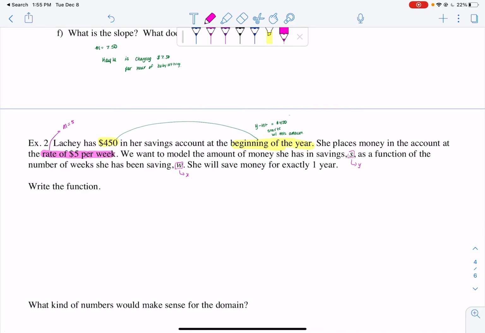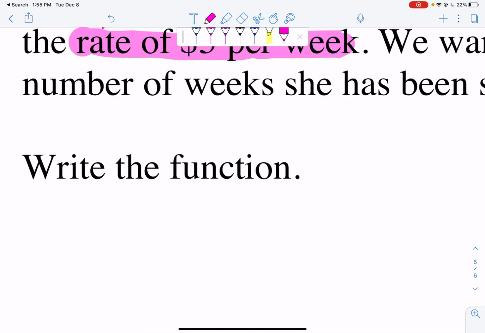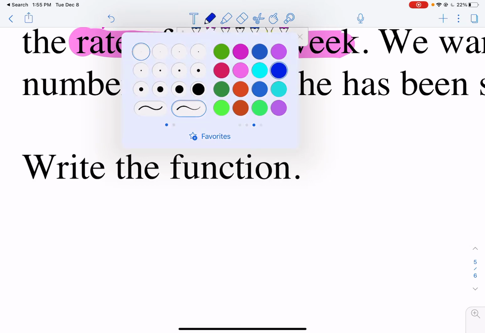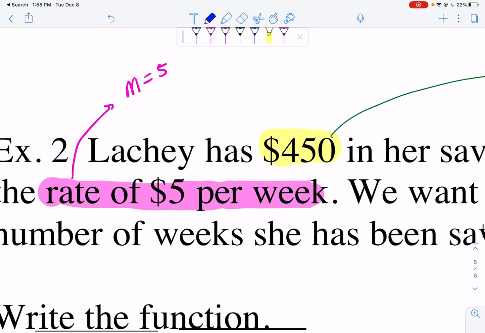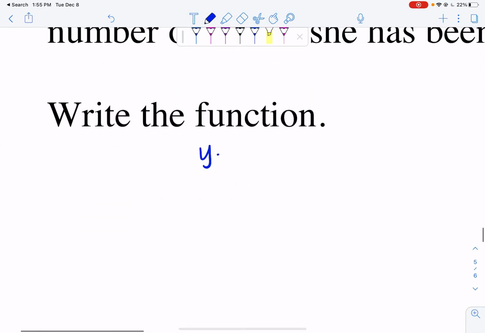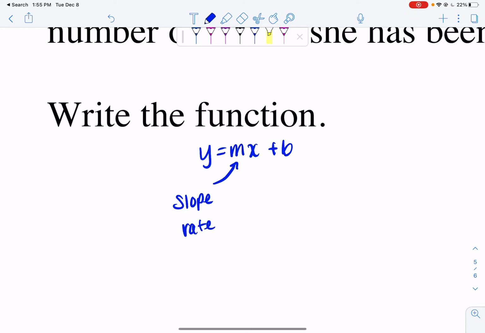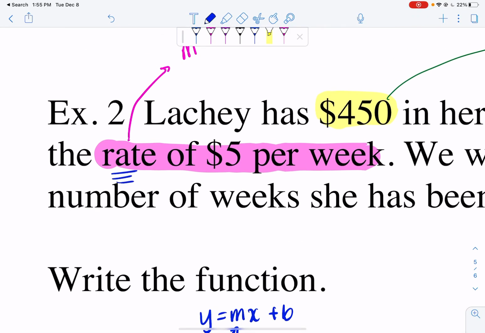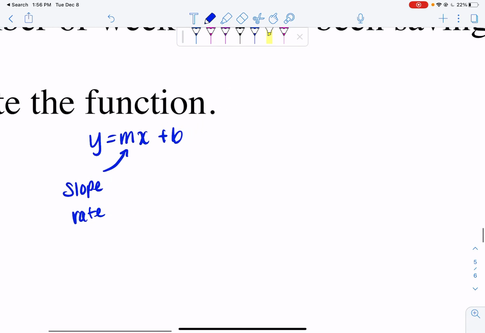Part A says write the function. So remember, we know y equals mx plus b, where m is our slope, or our rate. The reason I say rate is because if you look in the question, it says rate. And b is our y-intercept, or how much we start with, or our start point.